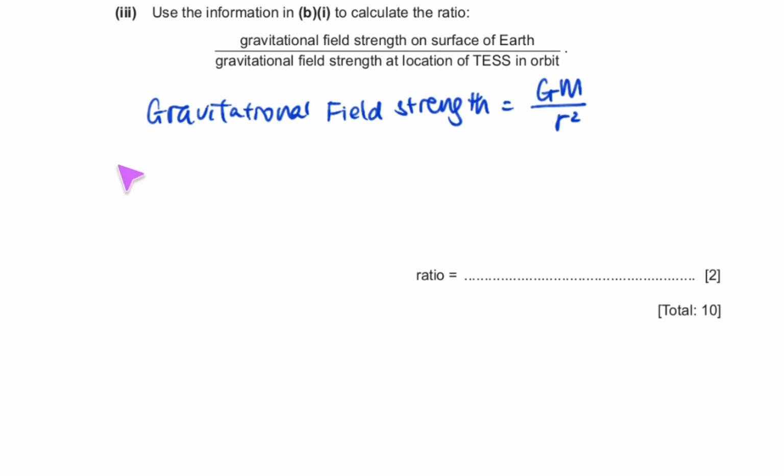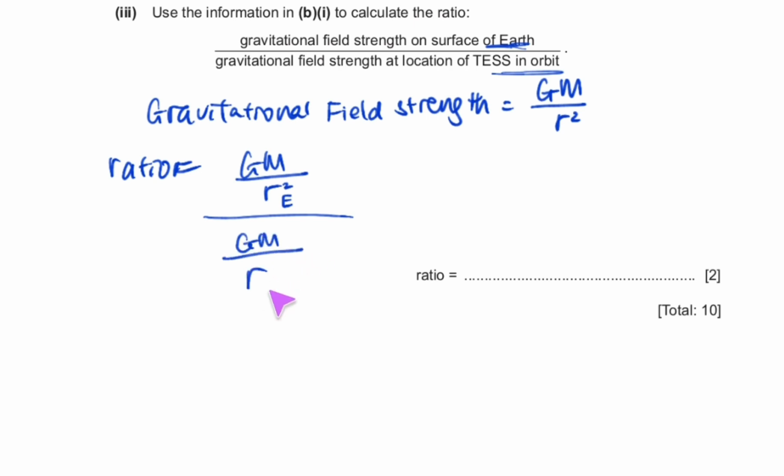Now our ratio is going to be this of Earth and this in orbit. So it's going to be GM over radius of Earth squared, over GM over radius of orbit squared. Let's just denote it like that. And then you do a bit of algebra and you end up with R orbit squared over R Earth squared.